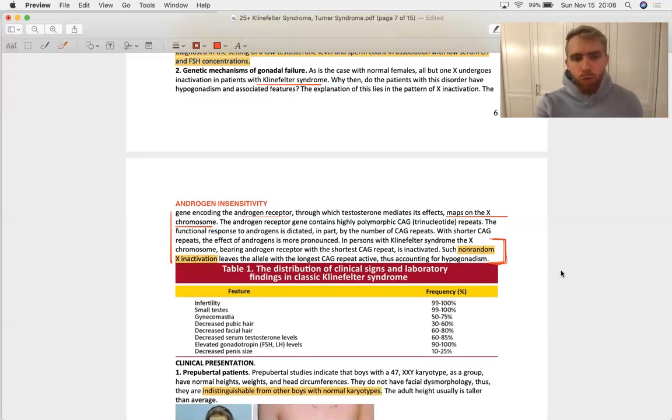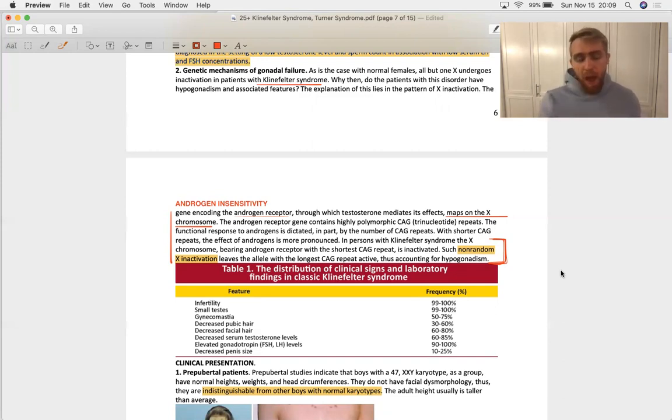The functional response to androgens is dictated by the number of CAG repeats in this polymorphic sequence of the androgen receptor gene. We have learned through observation that a lesser amount of trinucleotide repeats correlates to a greater androgenic effect whenever testosterone or dihydrotestosterone binds to the receptor.